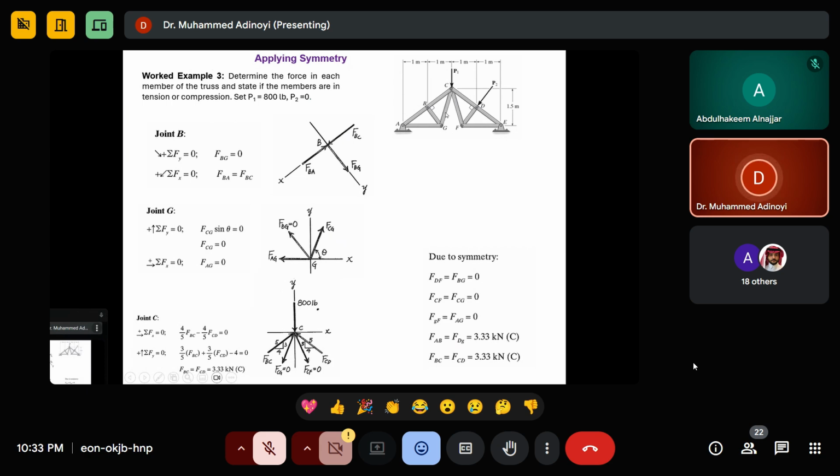Then I have only 2 unknowns here, so I can also solve this. Then once I know this, I already know this. No need to come here again. I go to C.